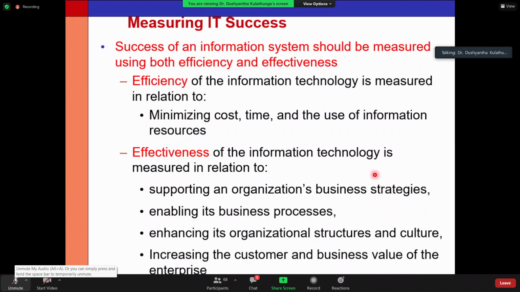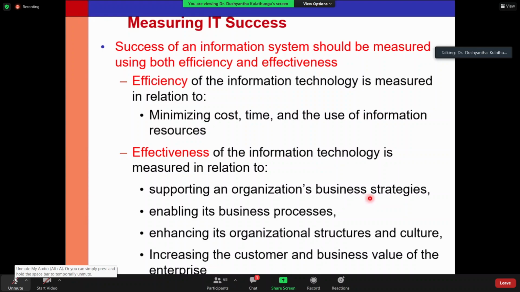The information which can be accessed by the top management can also be accessed by lower level employees of the organization. So today, with the help of information technology, information can be accessed by anyone in the organization if necessary authorization is given.